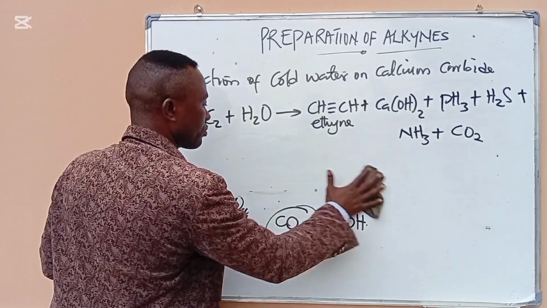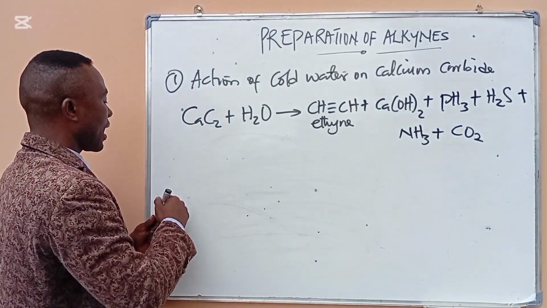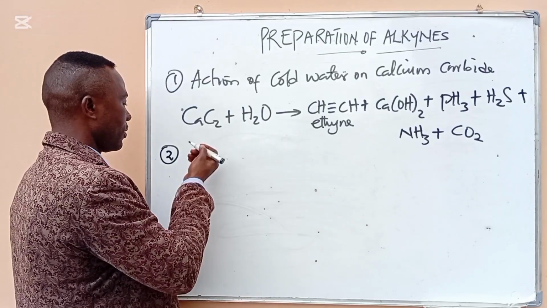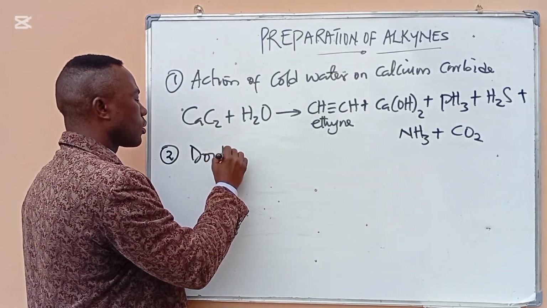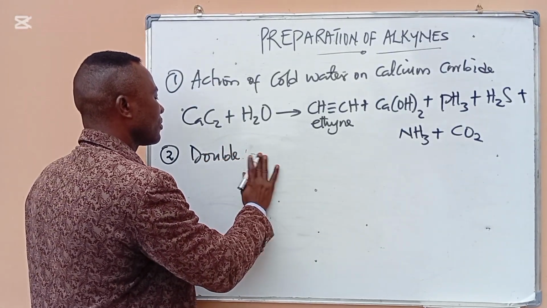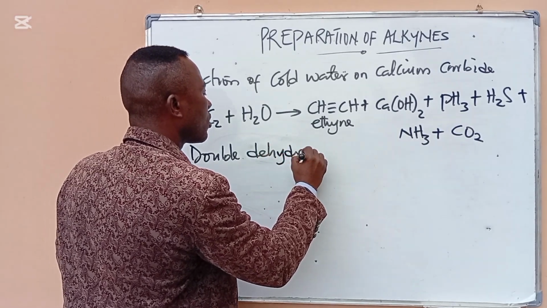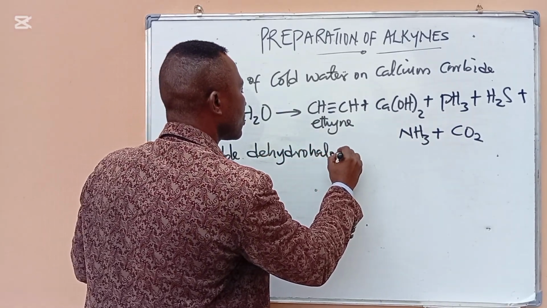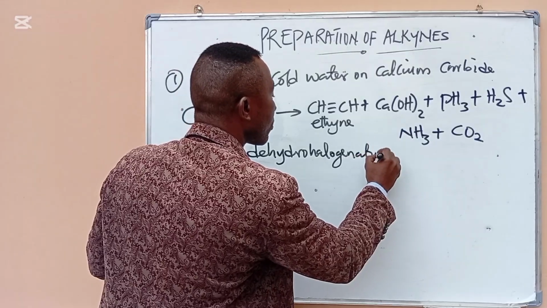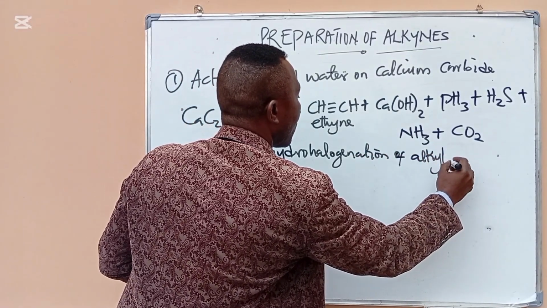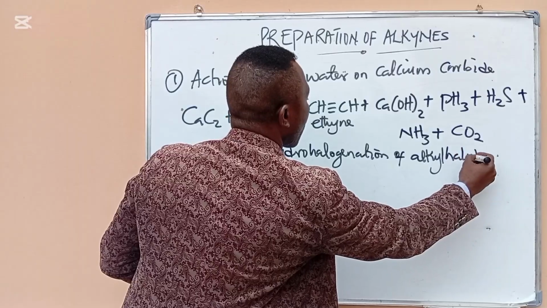Then number two, how do we prepare alkynes? Number two, we can prepare alkynes by double dehydrohalogenation of alkyl halides.